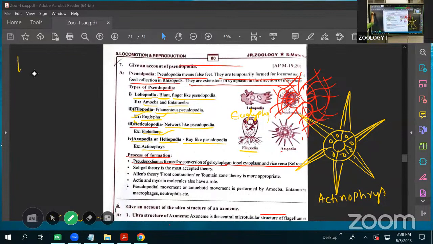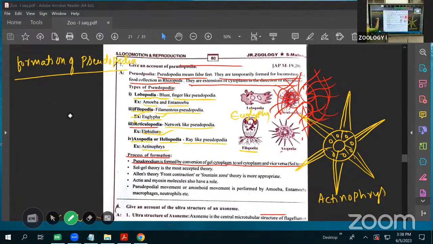Formation of pseudopodia: the sol-gel theory.